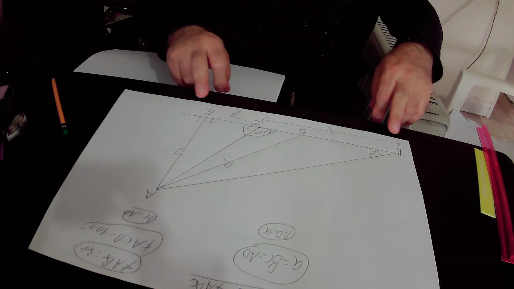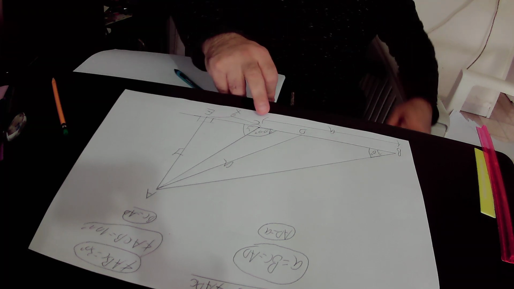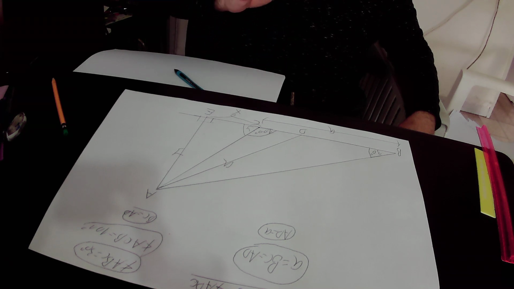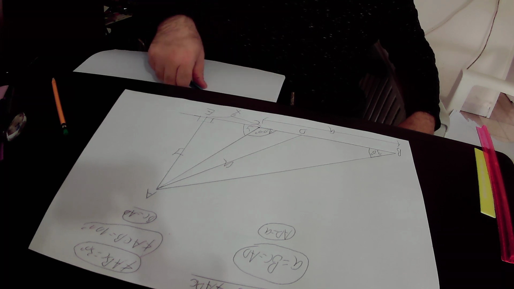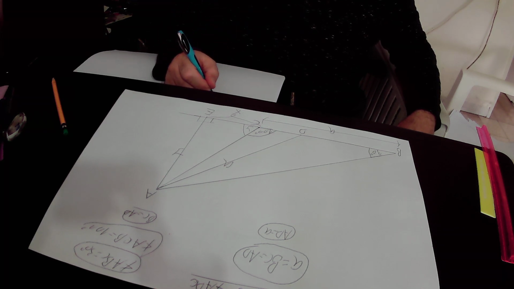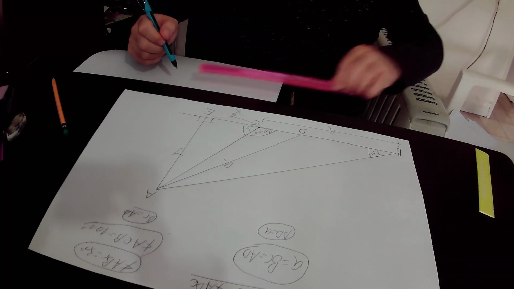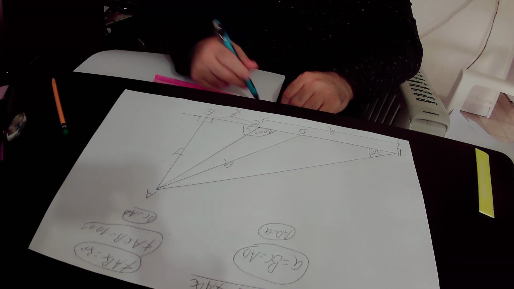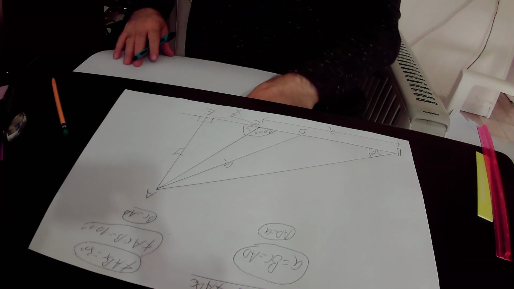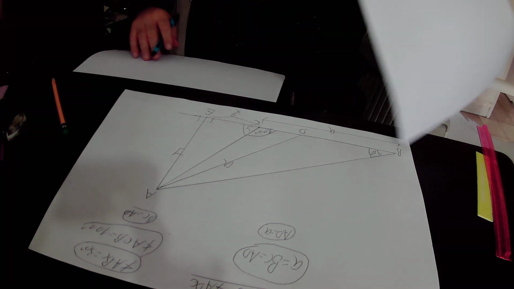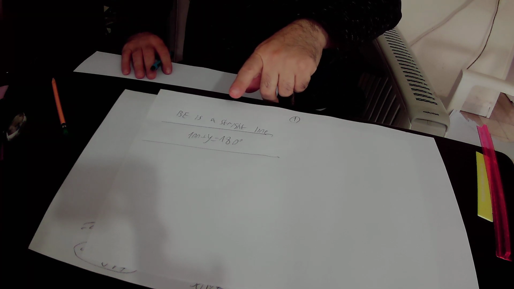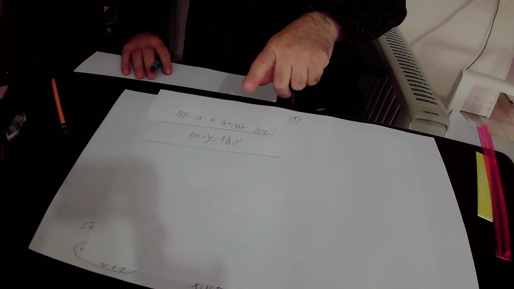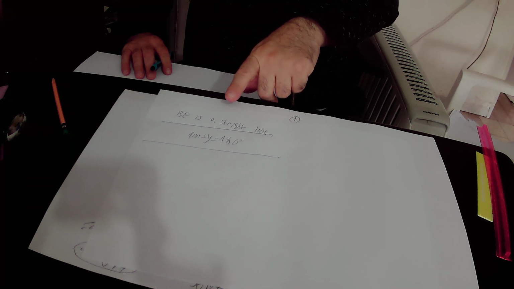So if we focus on the upper side of the straight line BE, at point C, the sum of the angles must be equal to 180 degrees.